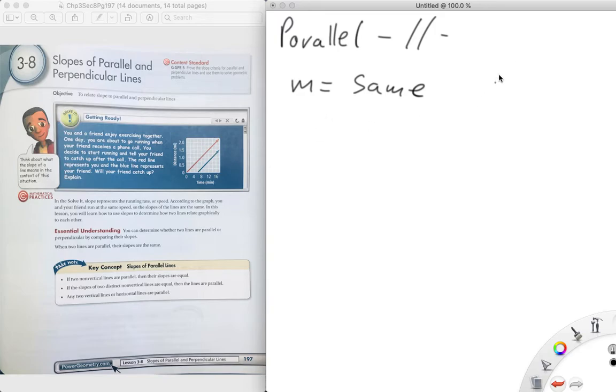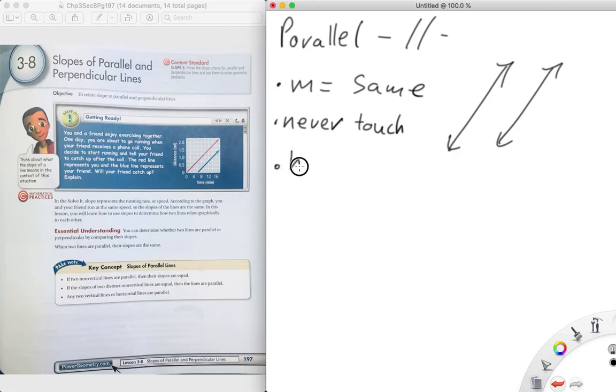What does that mean? I have two lines that will never intersect. They'll never touch each other. Any two horizontal lines are parallel.